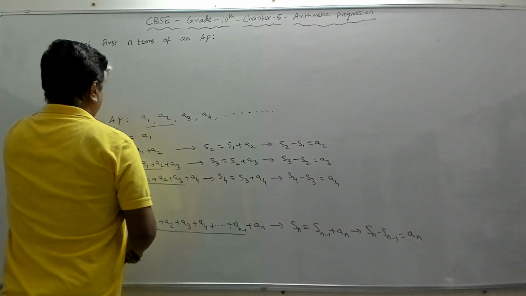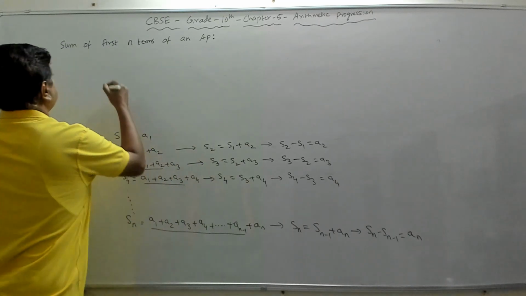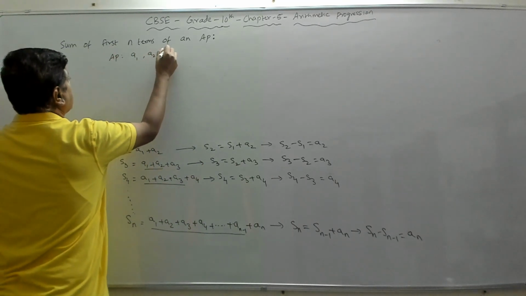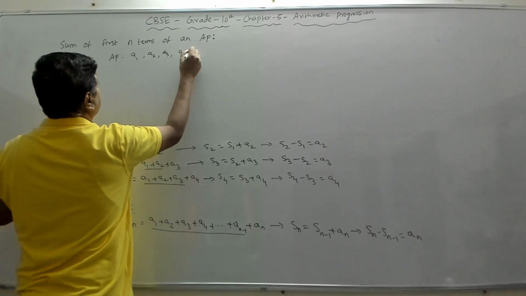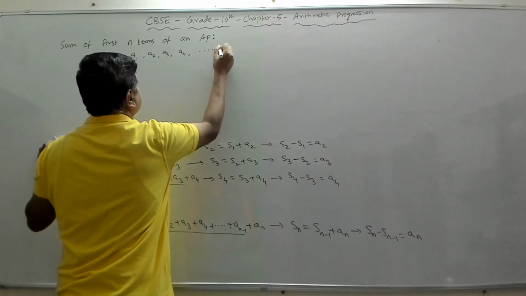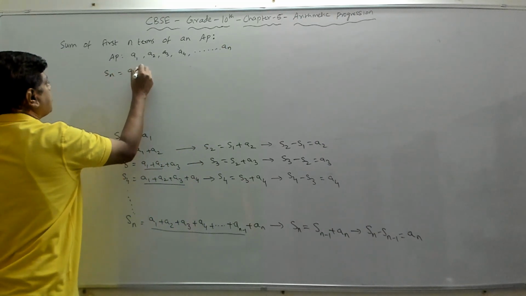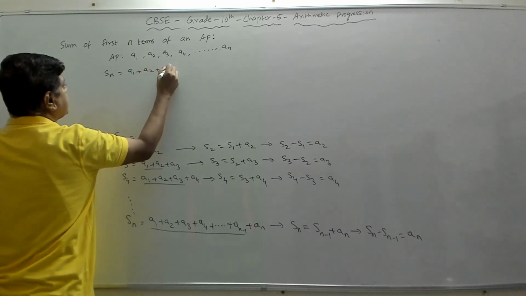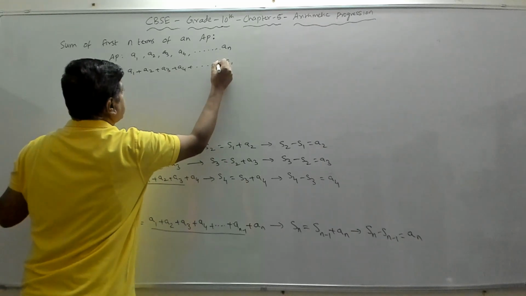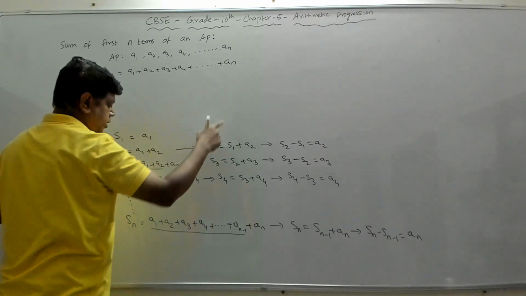Now, the sum of the first n terms of an AP. If our AP is A1, A2, A3, A4, dot dot dot, suppose there are n terms, then Sn is A1 plus A2 plus A3 plus A4 plus dot dot dot plus An. That is Sn, the sum of the first n terms of an AP.